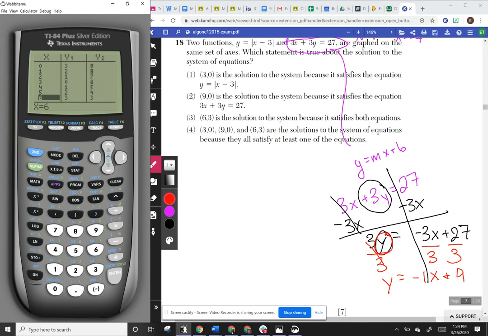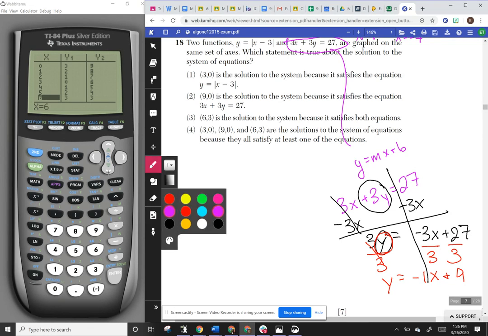Okay, and as we can see, when x is 6, both y values of both equations, both functions, are 3. So 6, 3 is the solution because it does satisfy both equations. So this answer choice is 3.